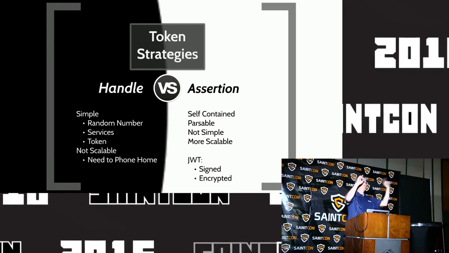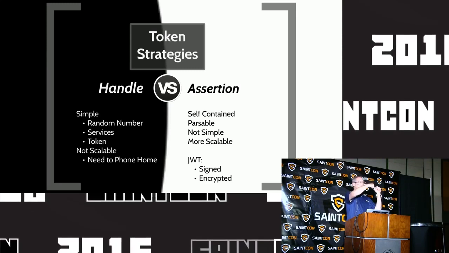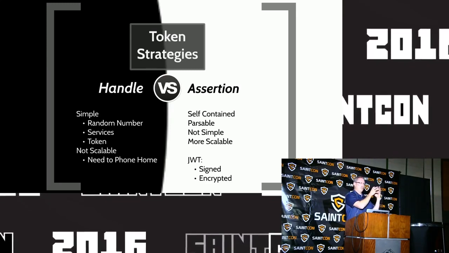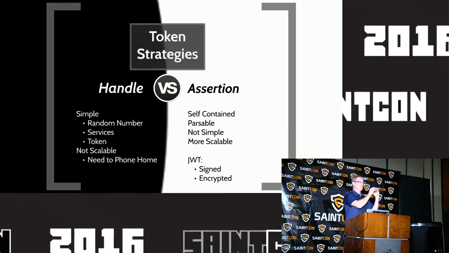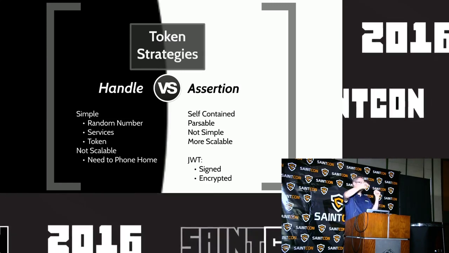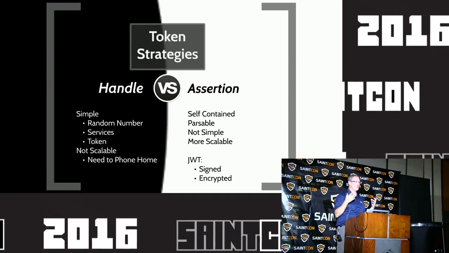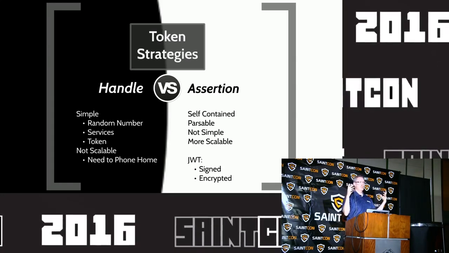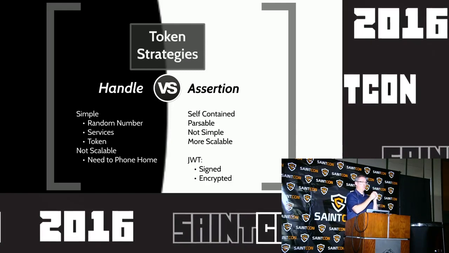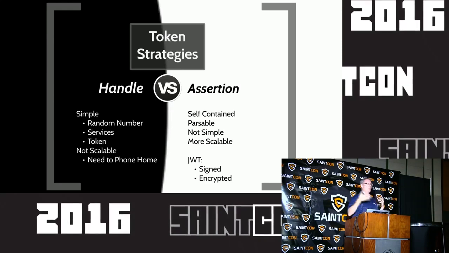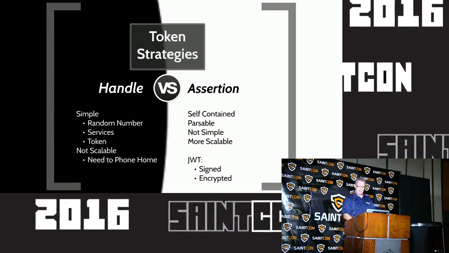Each one of those 40 services has to call into the identity and authorization service in order to figure out who this person is and what access they have. Or you could embed all of that information inside of the token itself, which we would call an assertion. It's all self-contained. It asserts what the user can do.